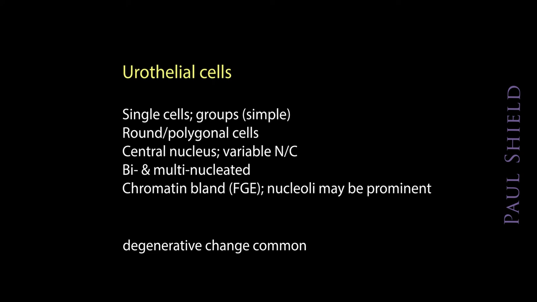But like all benign cells, they have a bland chromatin pattern being finely granular and even. Nucleoli are not a useful feature really at all in urothelial cells. In fact, they tend to be very prominent in reactive cases. And degeneration is always a problem in urine, which is not a great preservative for cells, so that complicates the diagnosis often.